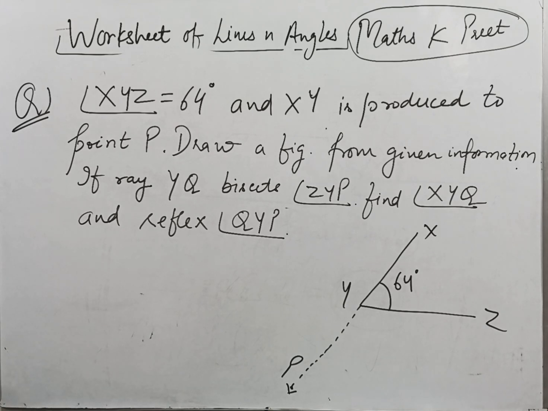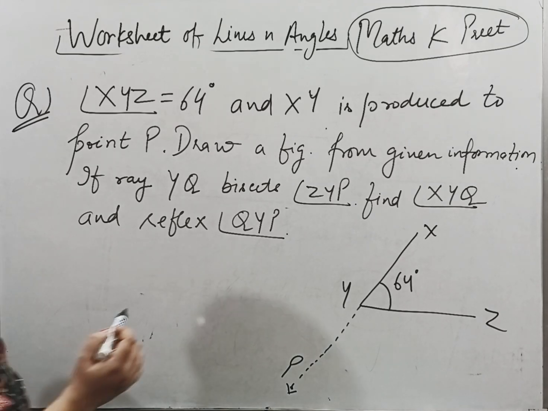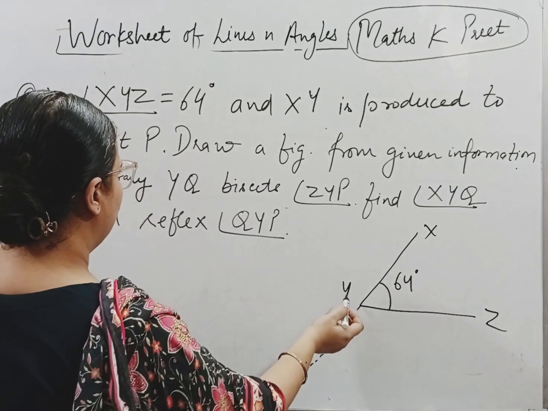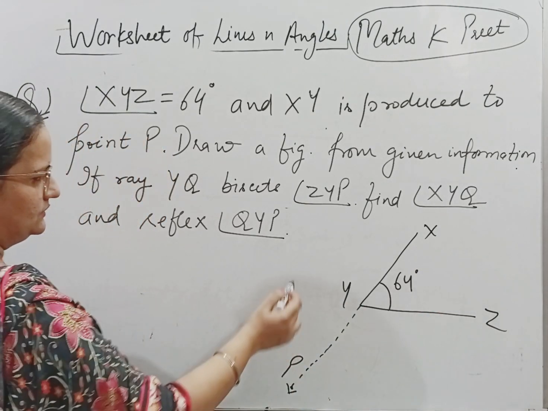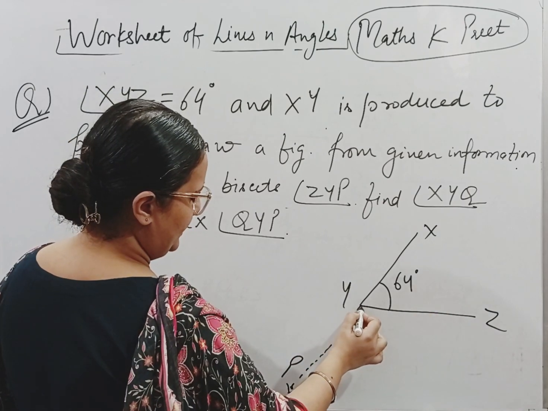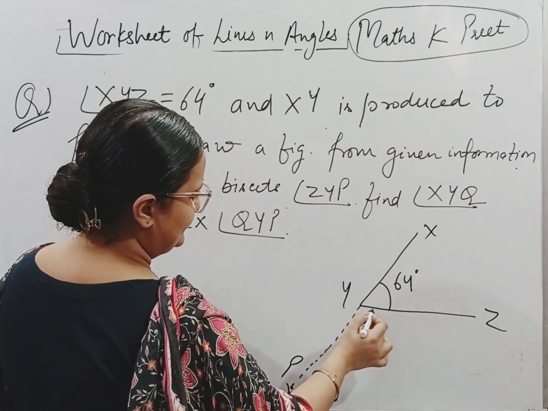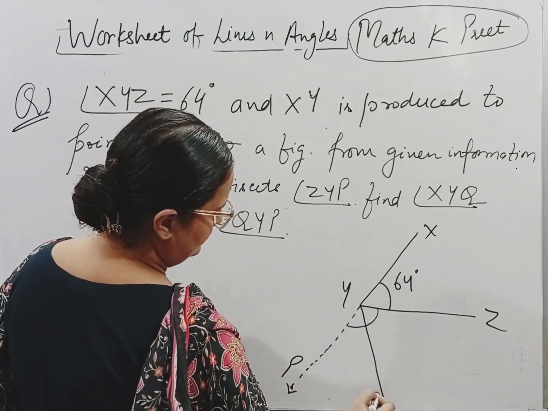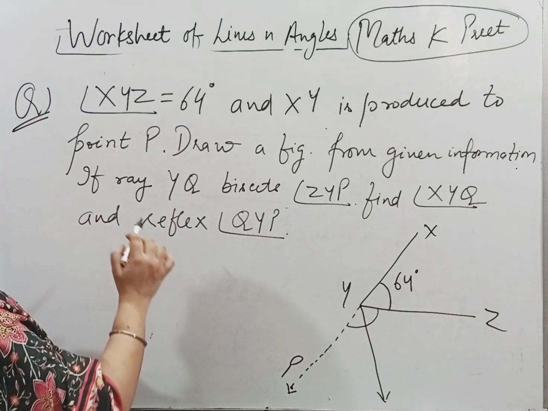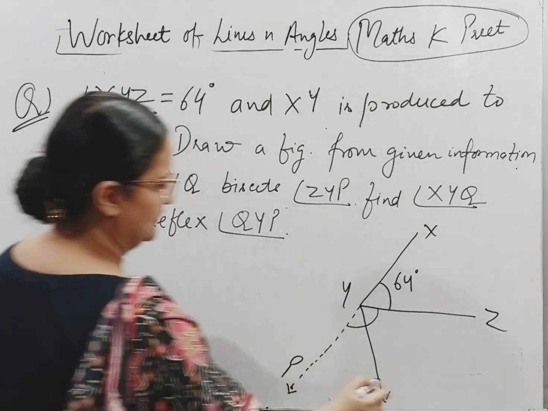If ray YQ bisects ZYP, so this is the angle ZYP. We have to draw a ray that is bisecting this angle. So somewhere in the middle of the angle we have to draw YQ.